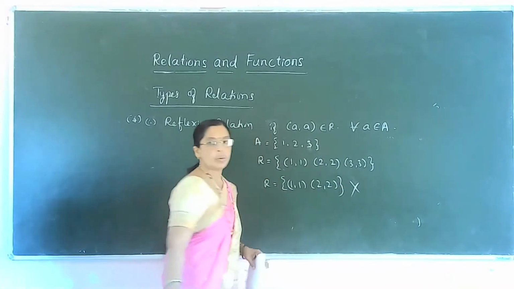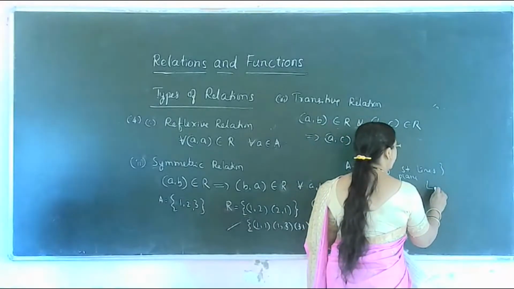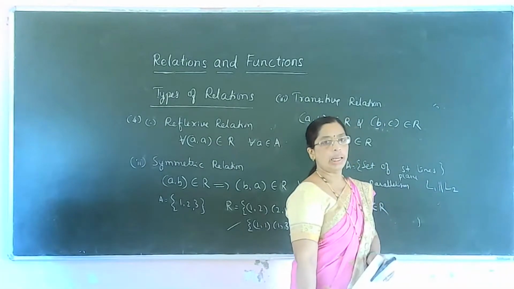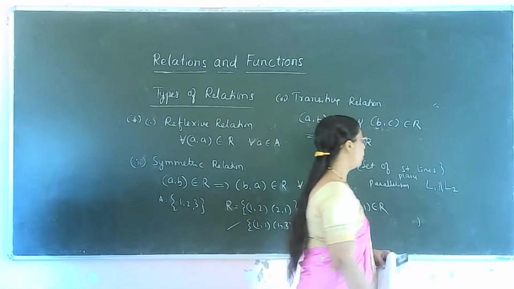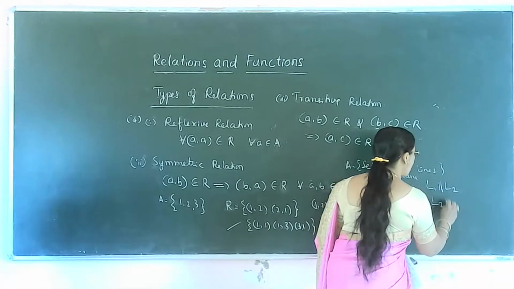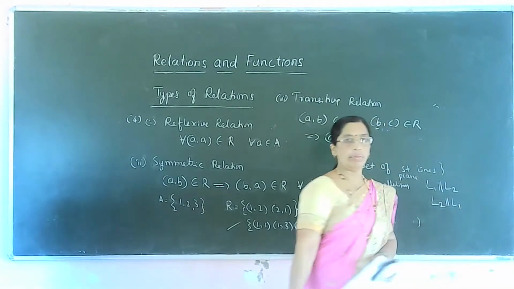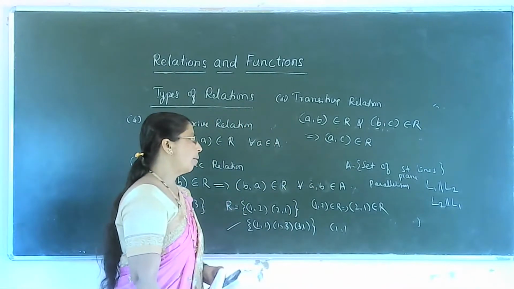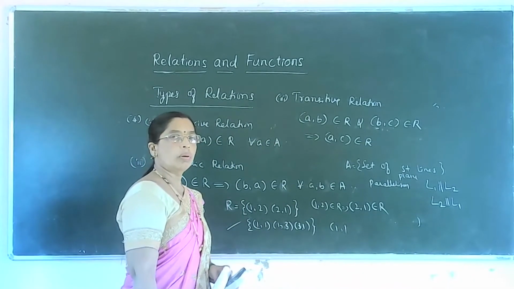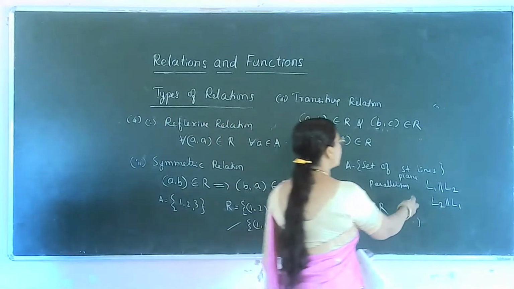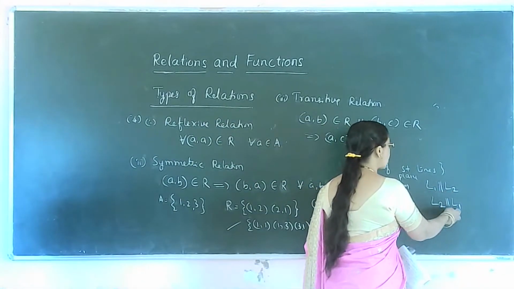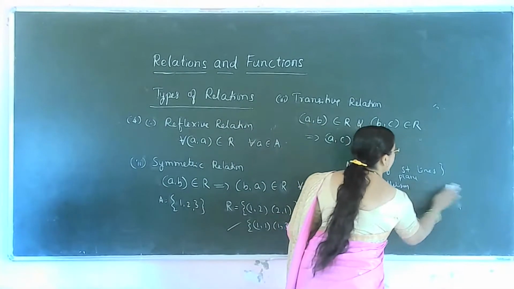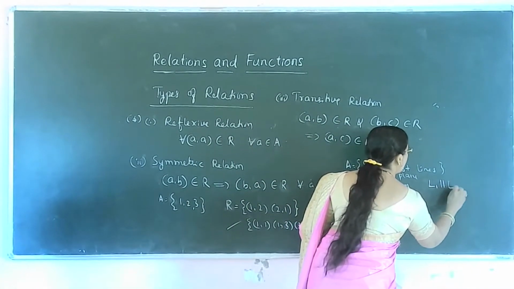L1 is parallel to L2, then L2 is also parallel to L1. All parallel lines are parallel to one another. Here L1 is parallel to L1.